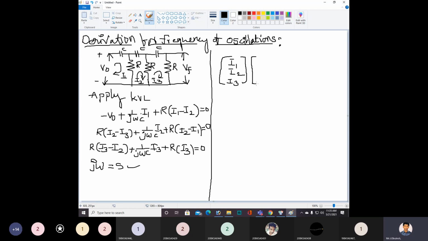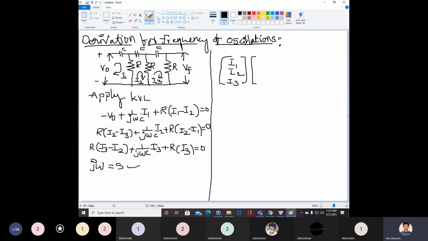And then you need to write. See, for I1 here we have 1 by SC, right?